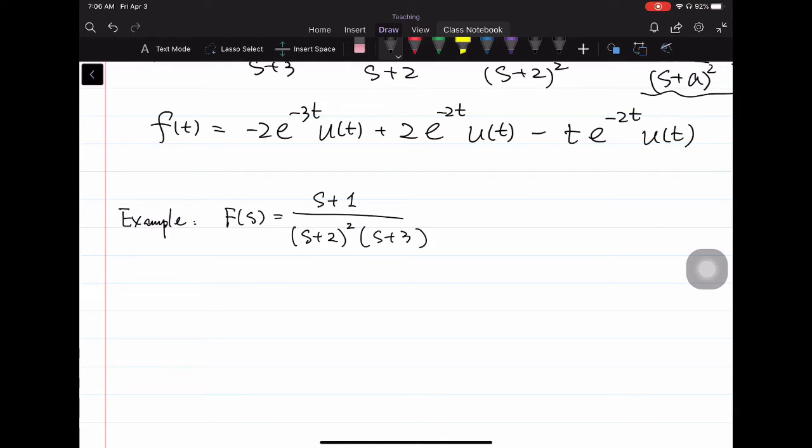Now let's assume I multiplied this with e to the negative 4s, and I ask you to find f of t, the corresponding Laplace transform.